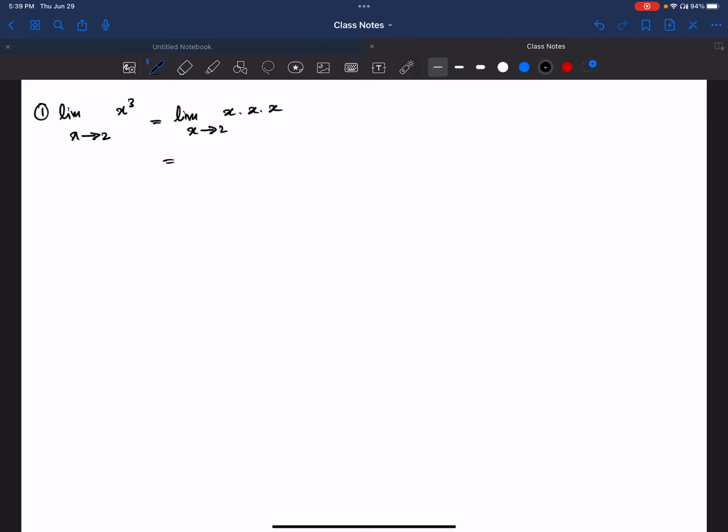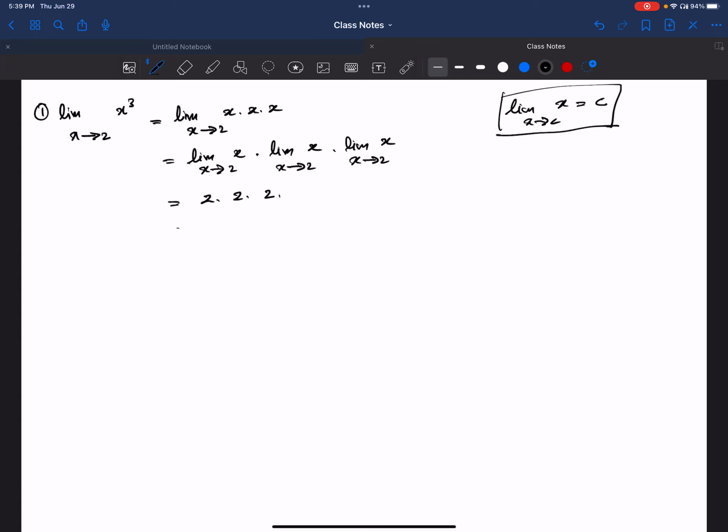Now we can use the product rule: the limit as x goes to 2 of x times the limit as x goes to 2 of x times the limit as x goes to 2 of x. And this is 2 times 2 times 2, right? This is the law: the limit as x goes to c of x equals c. Remember that, this is what we used here. So this is 2 cubed, which is 8. Let's see the next one.